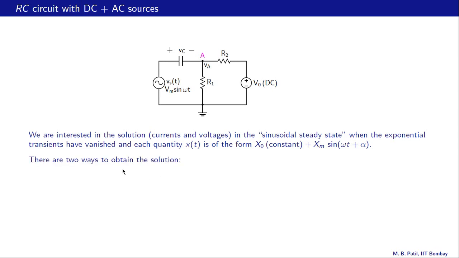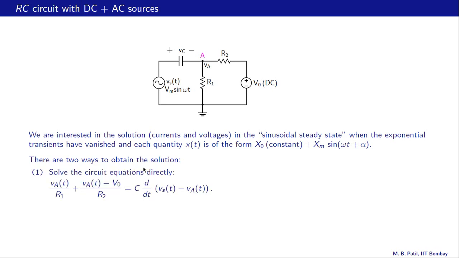There are two ways of going about it. One, solve the circuit equations directly. Let us see how to do that. Let's say that this node voltage is V sub A, and this is the total voltage, that is, it has a constant part as well as a sinusoidal part. Now this current here is VA by R1, and now we are talking about the instantaneous current, VA divided by R1, that current there.